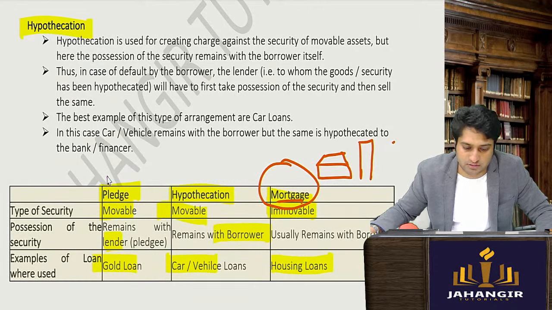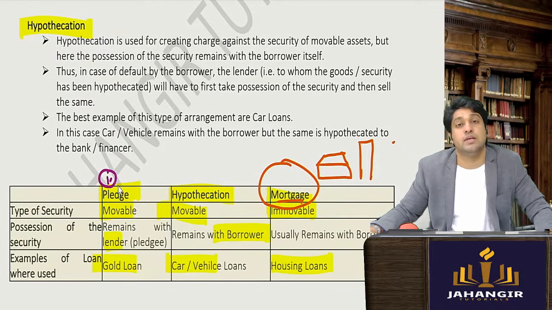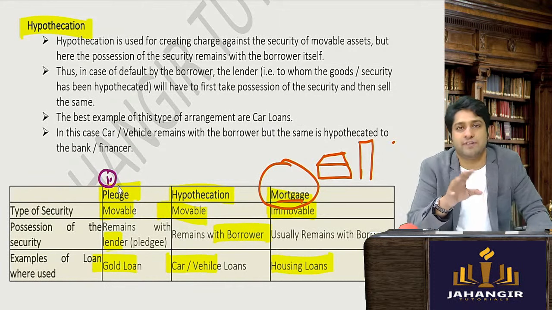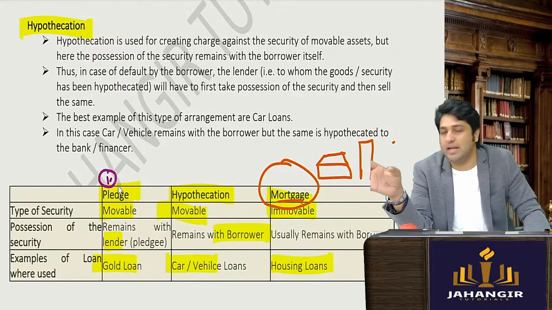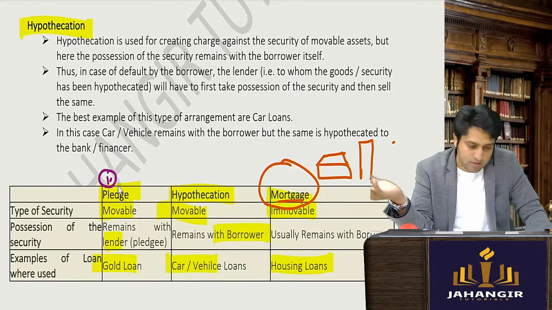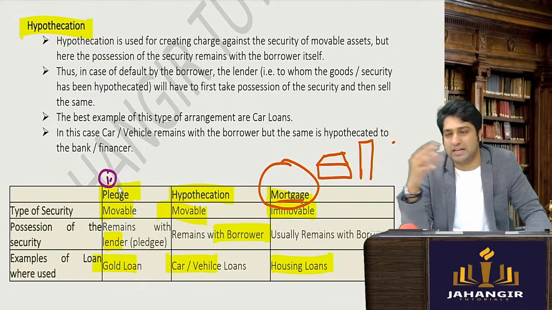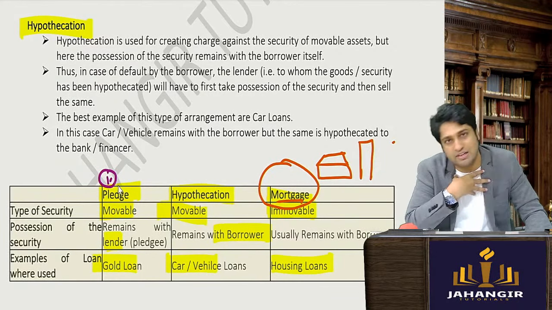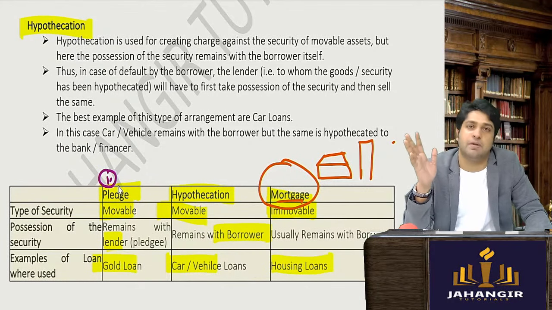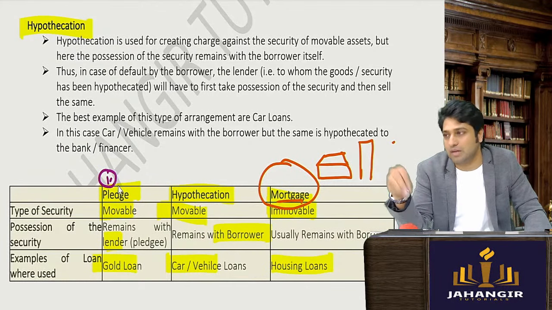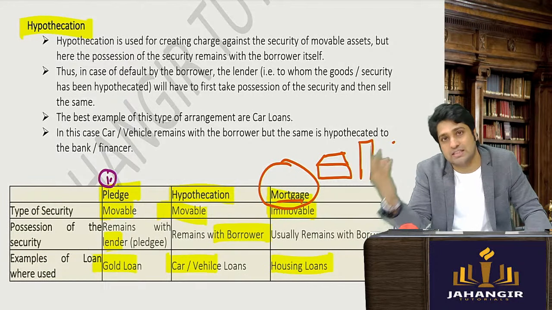So it is pledge. Second example, if I say give me a loan, my car I'm keeping as security, I will keep the car with me, but if I cannot repay, then you come and take possession of the car and then sell.